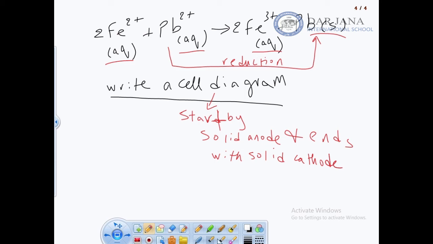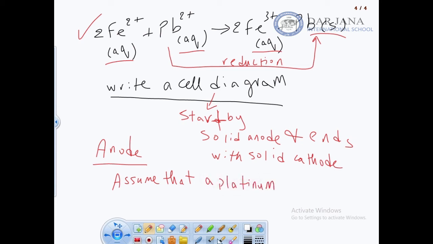At the anode, we don't have a solid. So, in order to allow this galvanic cell to function normally, we assume that a platinum electrode is used.